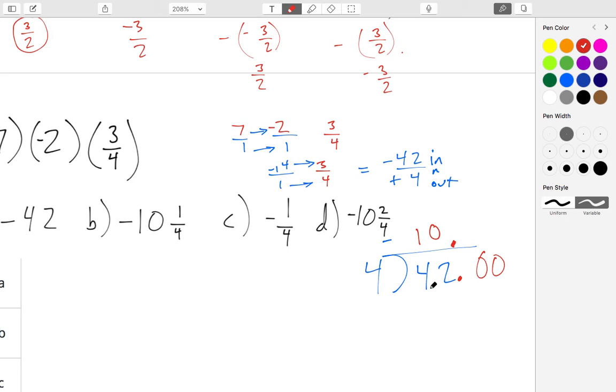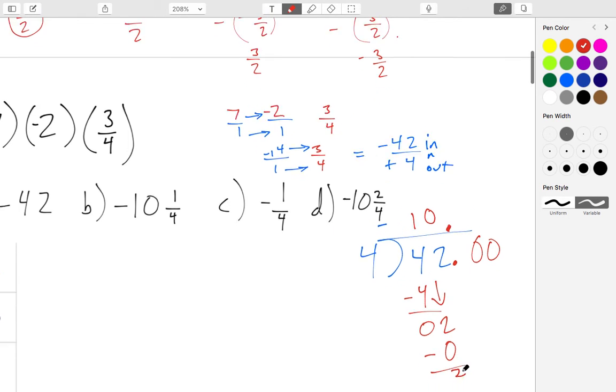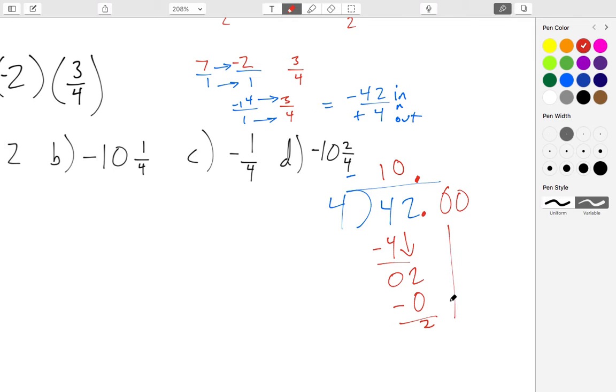Oh, hold on. Let me write this part out. Bring the 2 down. Goes in 0 times. Subtract 2. Drop down the 0. 4 goes into 20, 5 times, right? Now, but I don't have this as a decimal answer, so I've got to write the remainder.